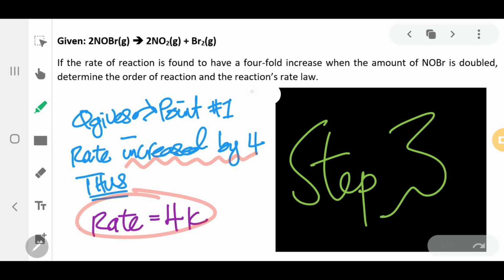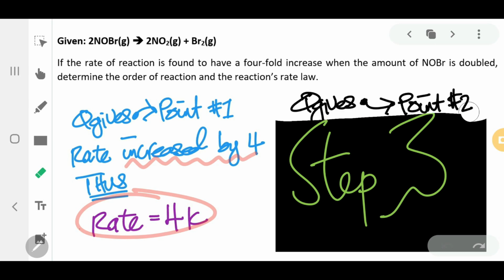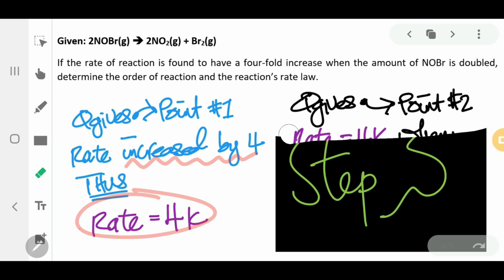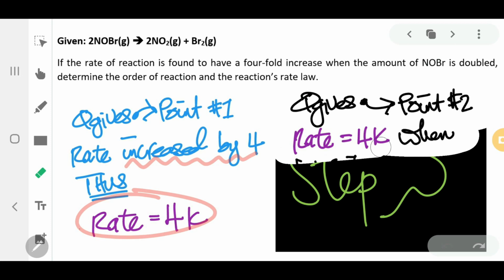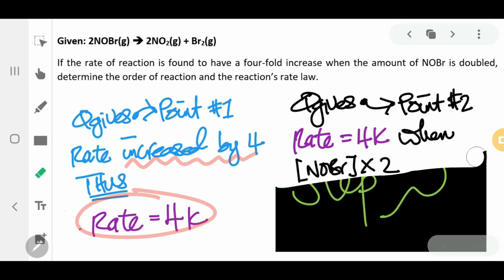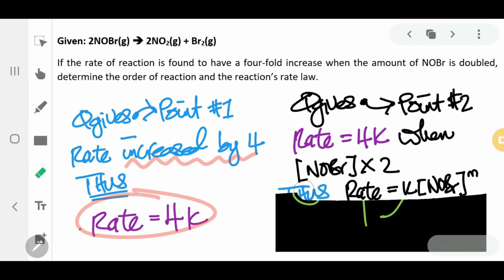And then in step 3, the question gives point number 2: the rate is 4K when the amount of NOBr is doubled.